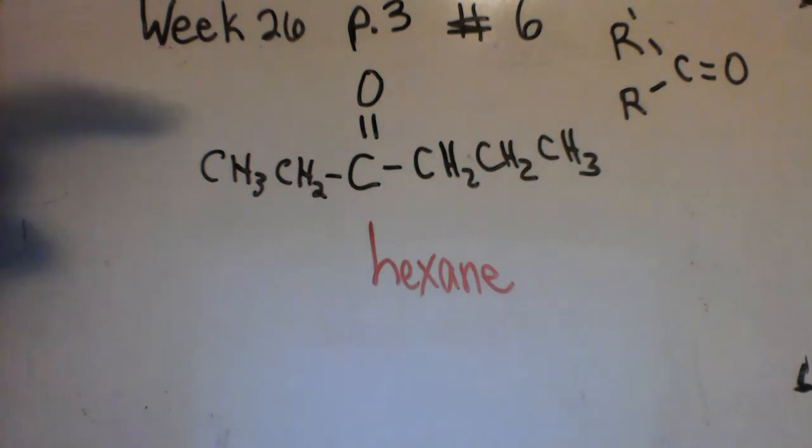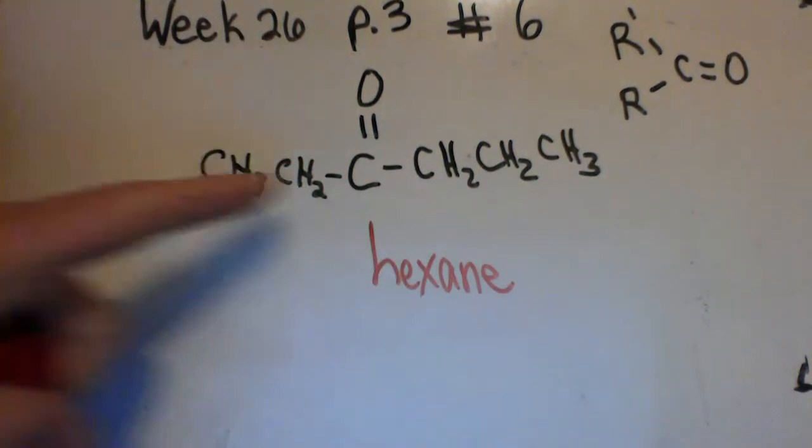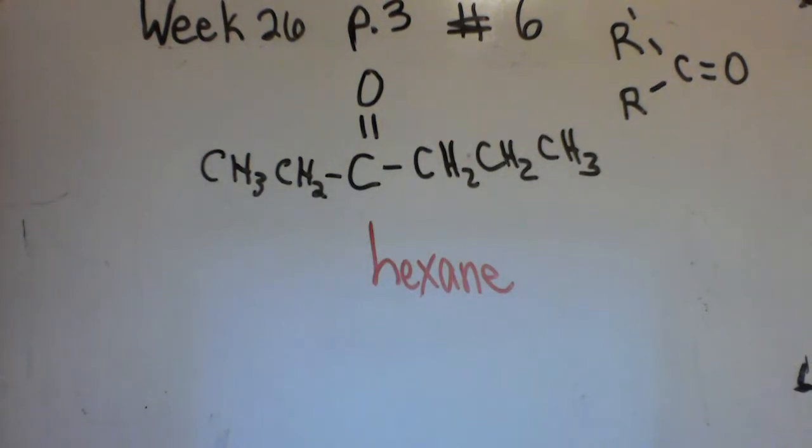And since the carbonyl group is attached to this hexane, we can't call it just plain old hexane. We have to give it an ending to show that it is a ketone, and we use the same ending as the word ketone, O-N-E.